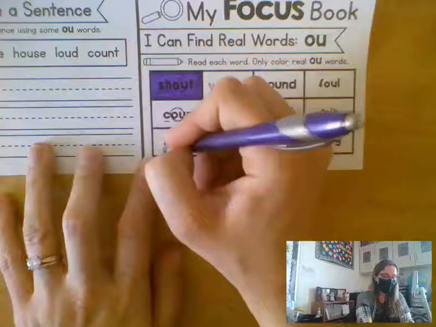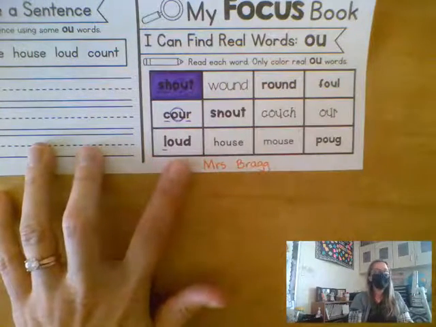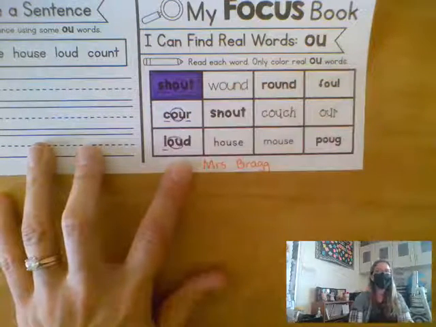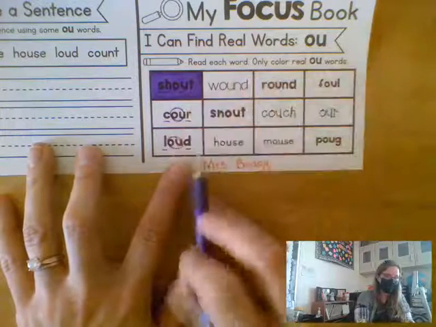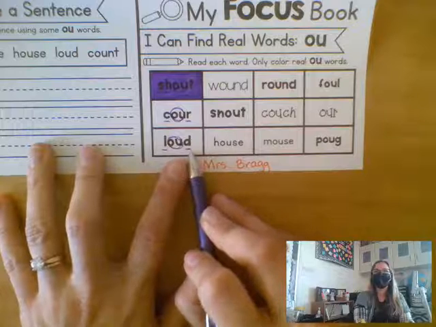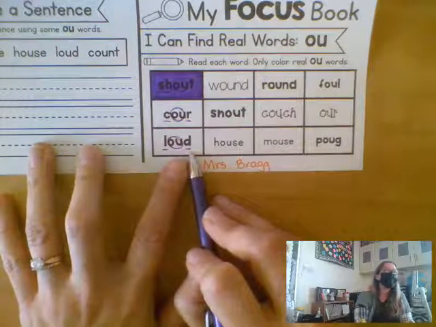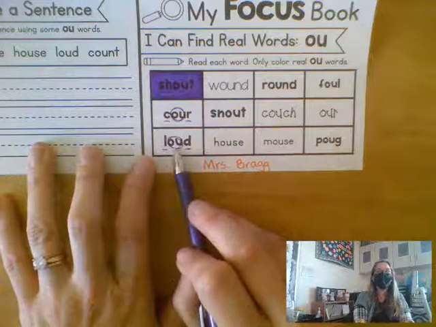Chase, what sound does this letter make? Oh, good job. And Victoria, when I put the OU together, what sound do they make? Ow. And Landon, what sound does this letter make? Okay, it's a D. So I have O, ow, d.